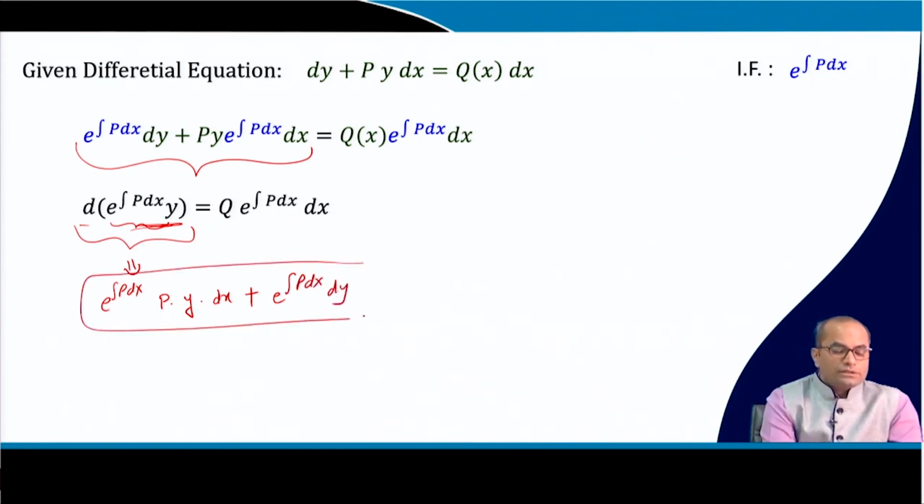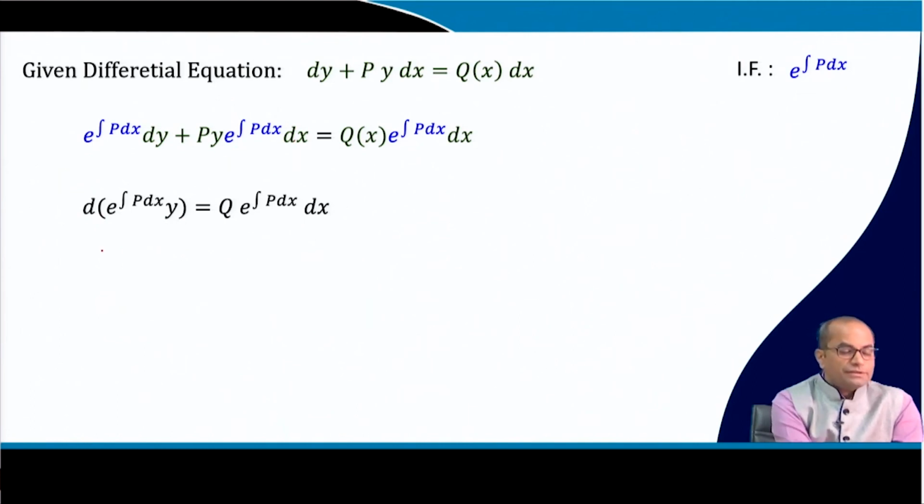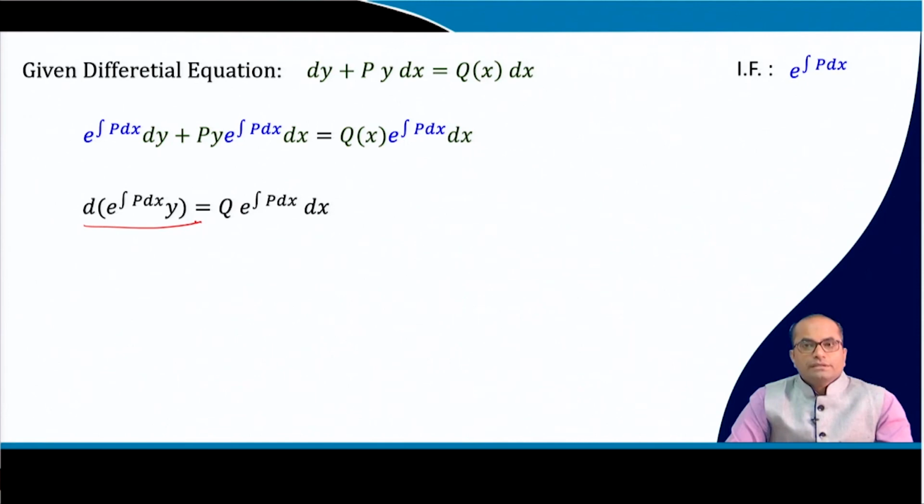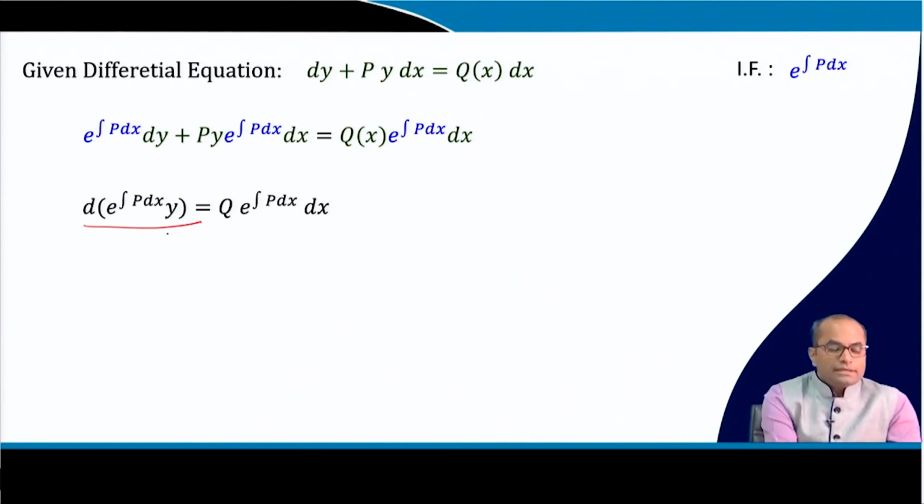So this is the total differential which is exactly given there, e to the power integral p dx dy plus p y e to the power integral p dx dx. Therefore, we have written this as d of e to the power integral p dx times y.